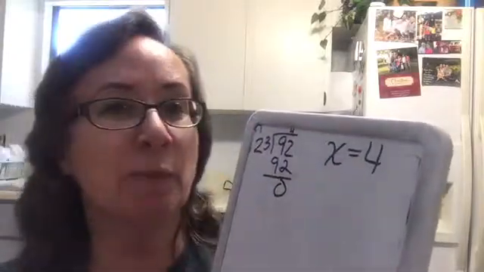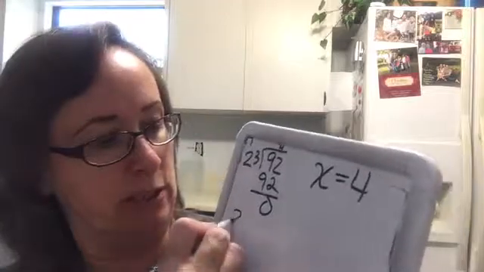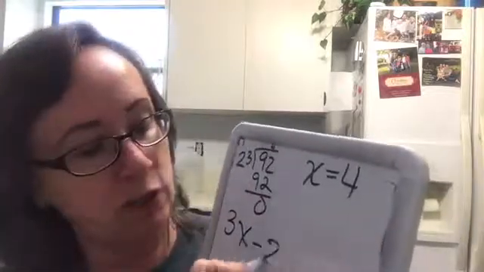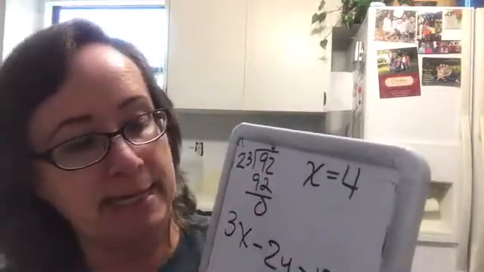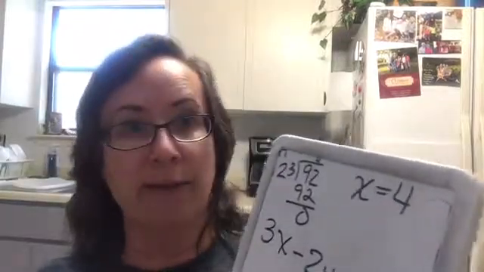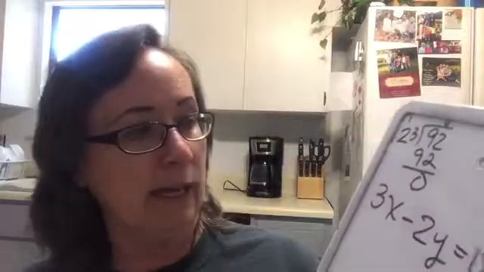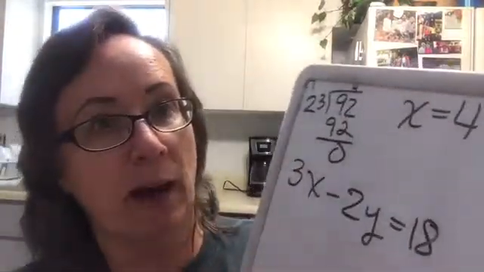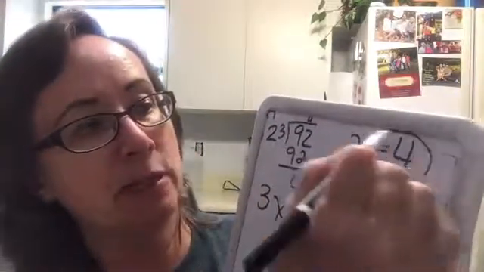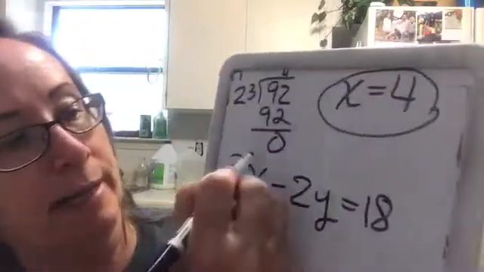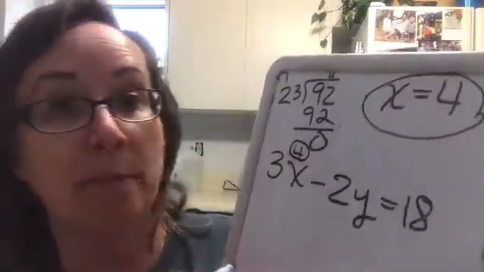So I'm going to use my already simplified equation. So let's use 3x minus 2y is 18, which was the top of our two equations. I'm going to substitute in my x is 4 right here to get my y.